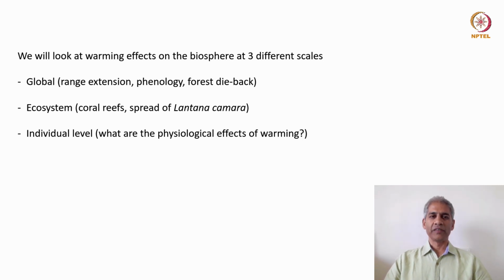At the global level, we will look at range extension or geographical shifts in plants and animals. We will look at phenology or changes to seasonal timings, and we will look at the phenomenon of forest dieback.